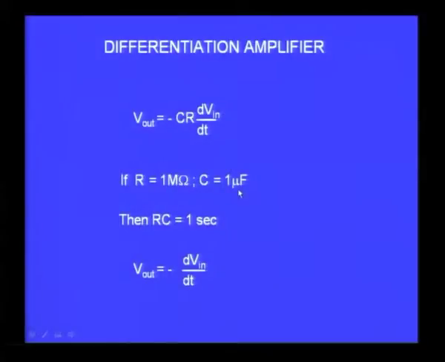If I choose R is equal to 1 megohm for example, and C is equal to 1 microfarad, the product RC will cancel out, it becomes 1, and therefore RC becomes 1 second. RC is a time constant, we normally measure it in seconds, so RC will be 1, and the V output will become minus dV by dt. So this becomes a simple differentiating circuit.